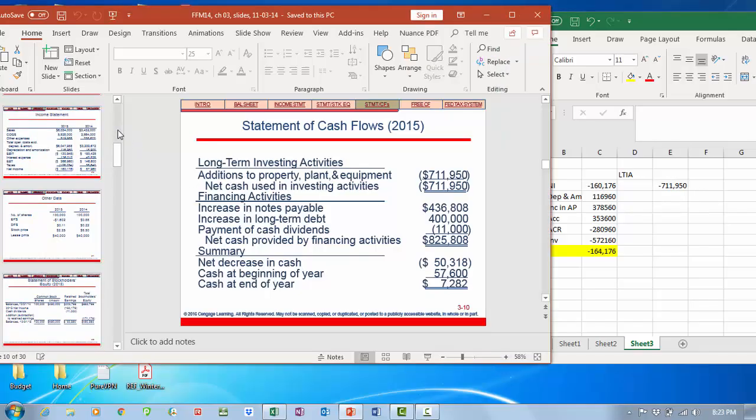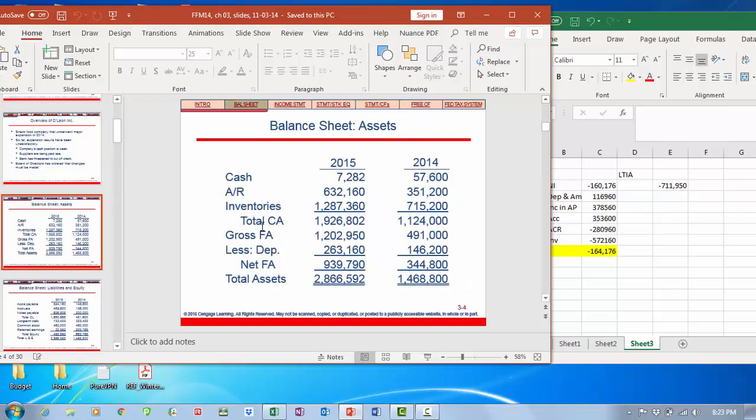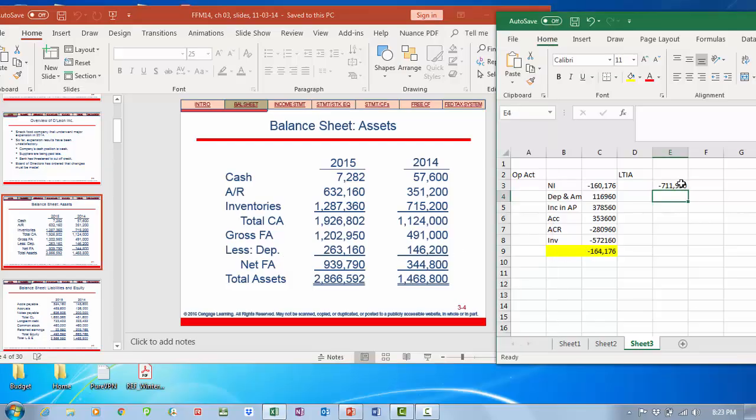So if you go back, there you go. You got net fixed asset, and you can do 344,800 minus, so let me see, 491,000 minus 1202,950.